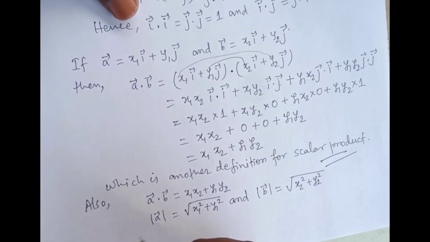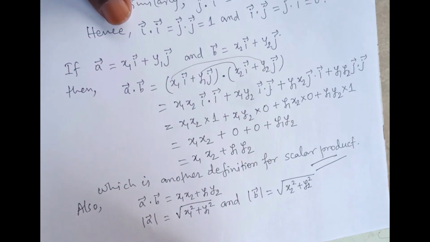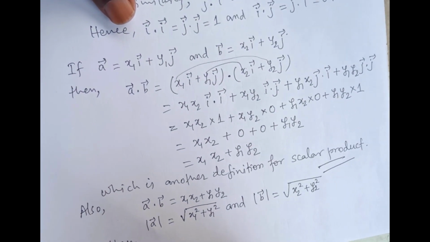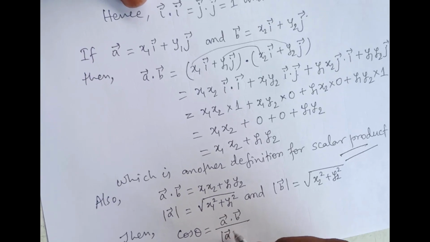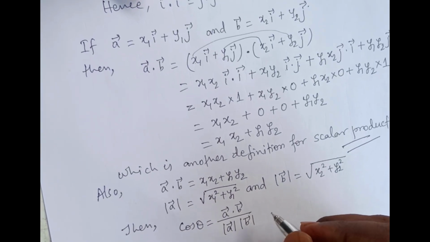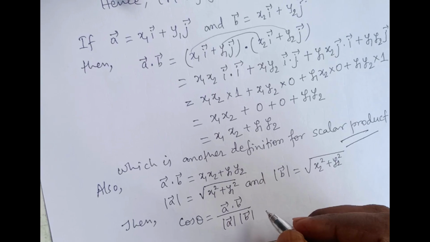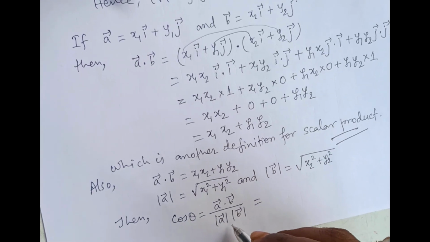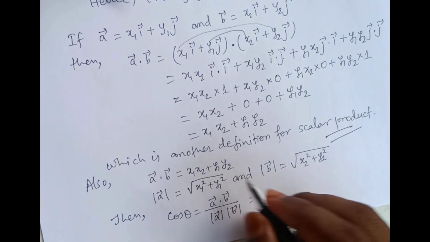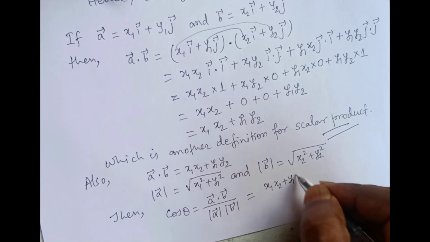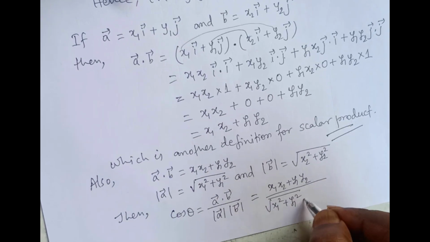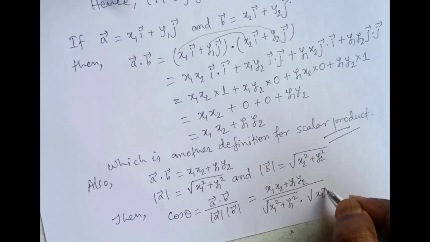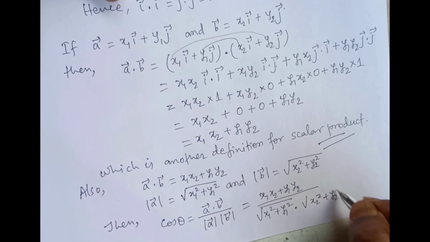Now the angle between a vector and b vector is theta, so we can write cos theta is equal to a vector dot b vector divided by modulus of a vector times modulus of b vector, which is x1 x2 plus y1 y2 divided by root over x1 square plus y1 square times root over x2 square plus y2 square.